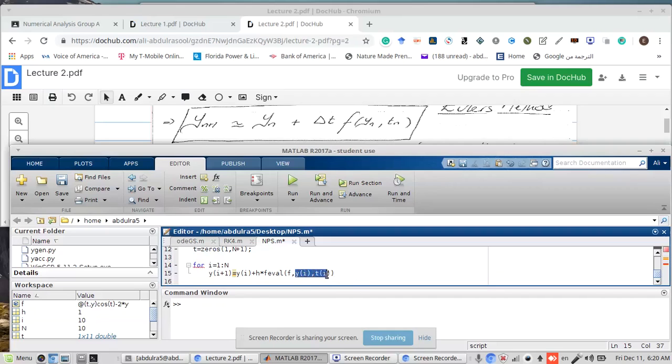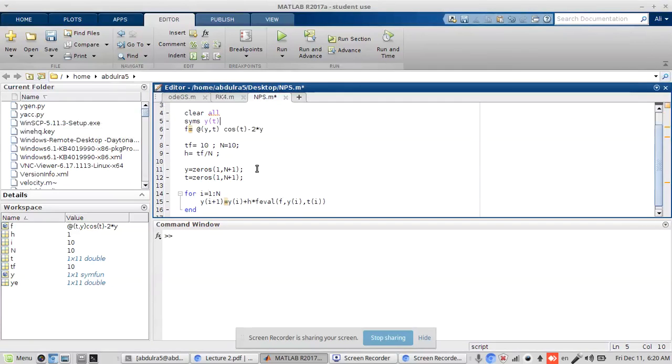So here two values are substituted into f in order to find this term. All right, and let's close this loop, and also define the system for y in terms of t.